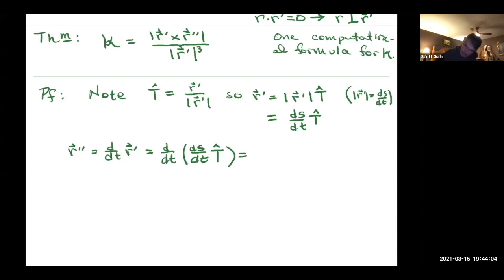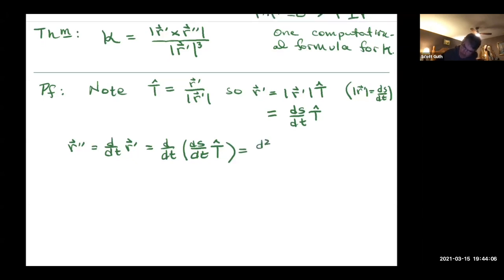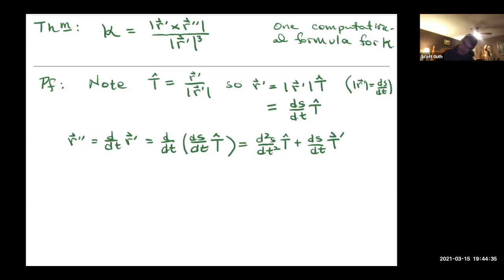The derivative of the first gives d2s over dt squared times T, plus ds over dt times the derivative of T. Now it's going to lose its hat, because I don't think it's going to be a unit vector anymore, or at least I can't prove it will be.